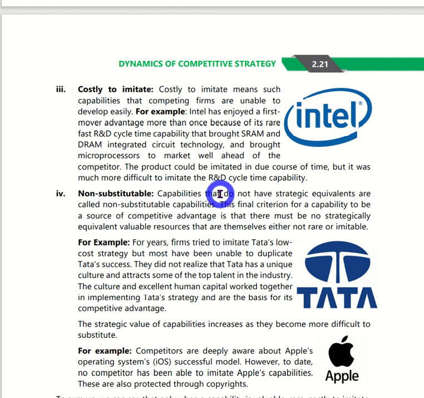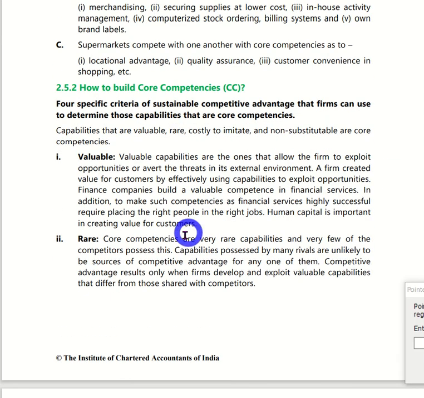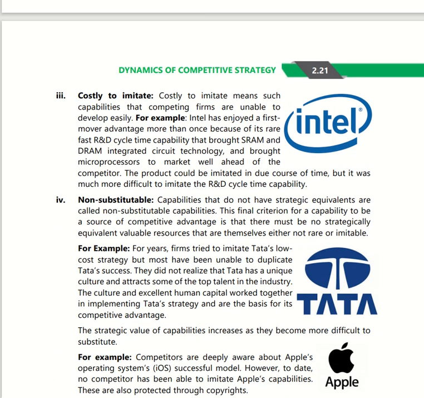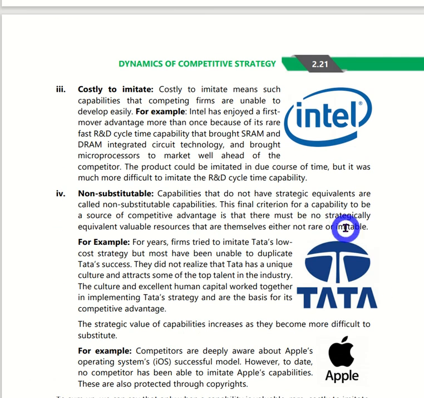Now ignore the entire paragraph, look at just the last sentence, the last line. If a resource is either rare or imitable, then what did we learn about in point 2? If it is rare, it will go to constitute a core competency. If the resource is going to be costly to imitate, then also it helps us as a source of core competency to build a sustainable competitive advantage.